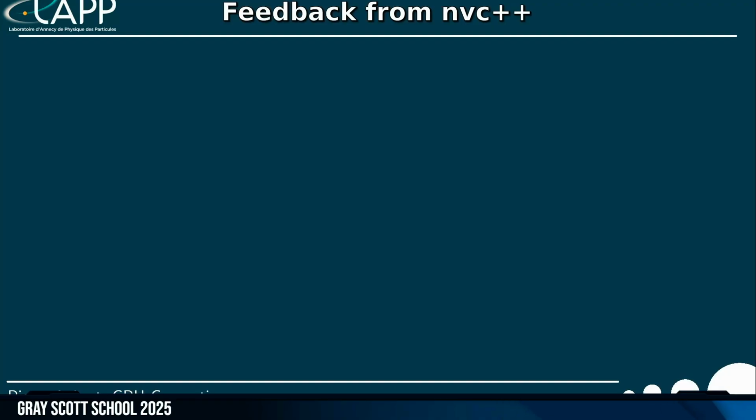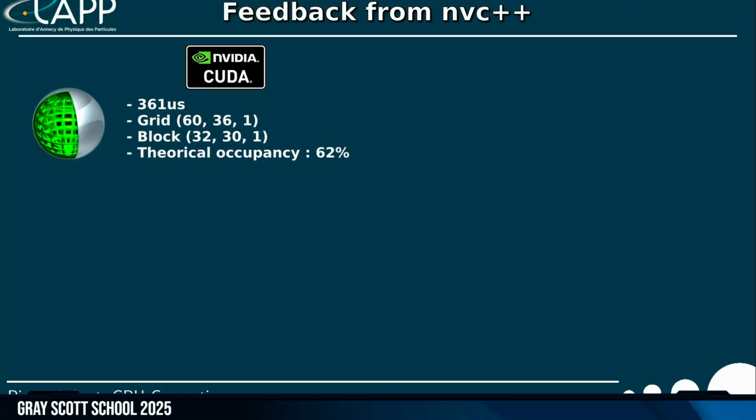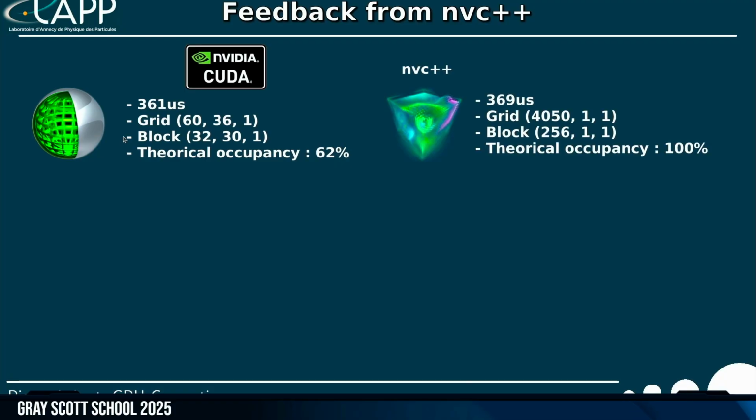So let's spy a bit on what NVC++ does. Here we have 361 microseconds with 62% of theoretical occupancy of the GPU, which is not that good. And with NVC++, we get 369 microseconds, so it's a bit slower because there is an overhead, but the occupancy is 100%.